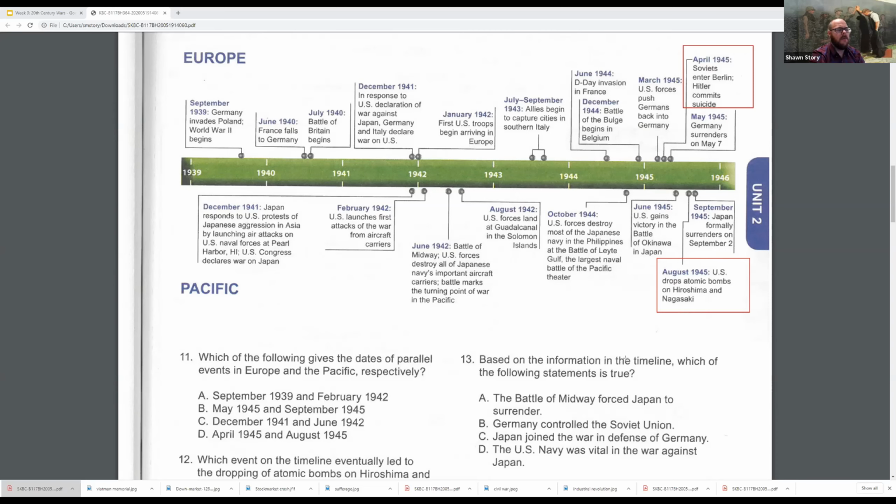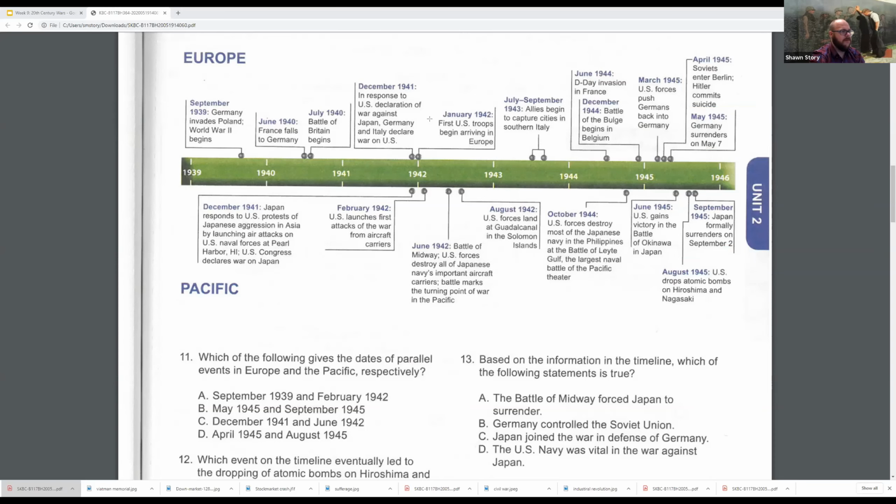I would say our best connection is probably May. Our best parallel connection is letter B, May 1945 and September 1945. They're right next to each other on the timeline, and here, Germany surrenders on May 7th, Japan formally surrenders. Both of them are about countries surrendering. So our best answer is B.